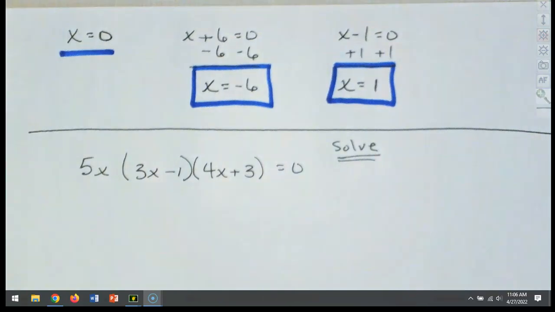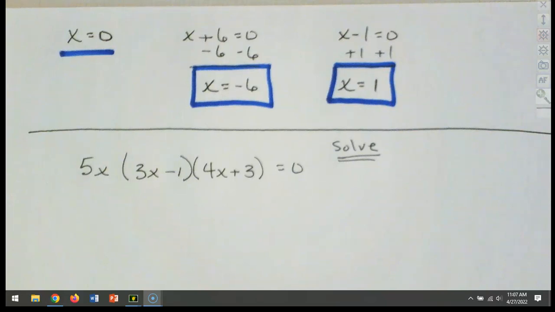Now, what tells me that it's been factored? Remember, factored means you've got these parentheses. It's already been broken up into several separate sets of parentheses, which it has been. So we want to solve it with 0 factored.